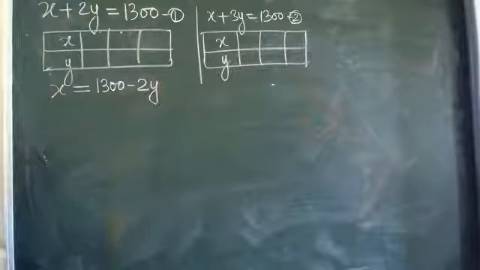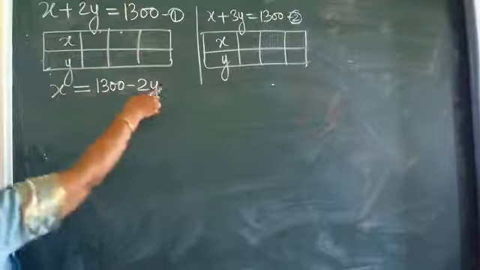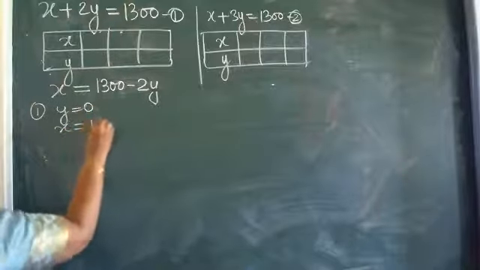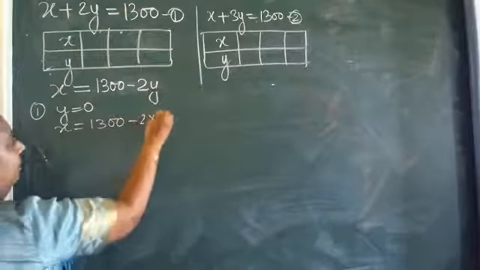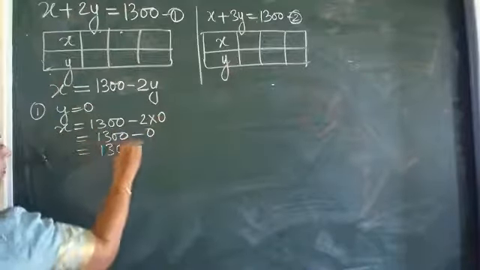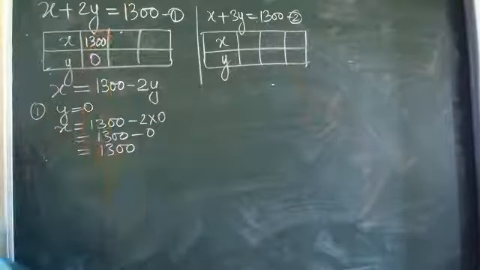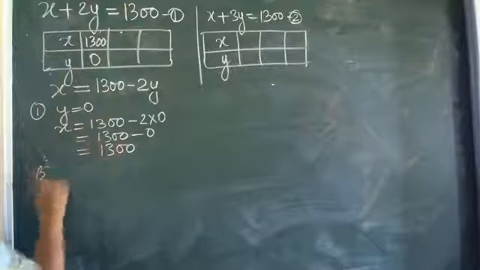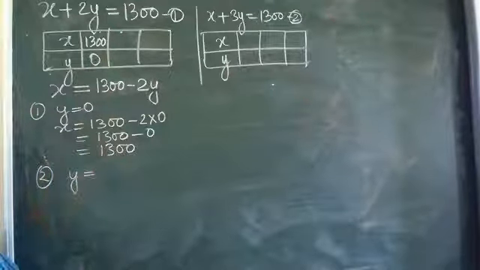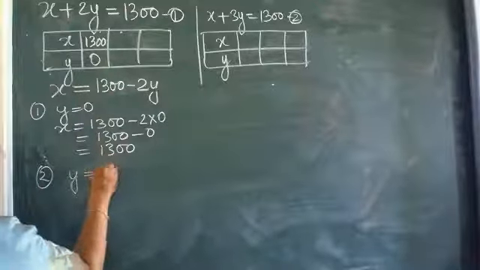Now putting values of y one by one, we can find the value of x. If I put y is equal to 0, then x is equal to 1,300 minus 2 into 0, which is 1,300 minus 0, that is 1,300. So when y is 0, the x value is 1,300.